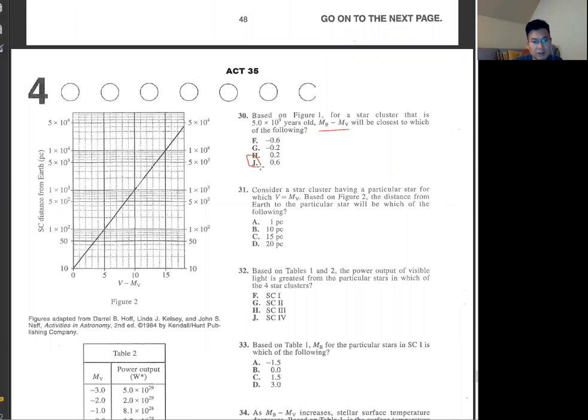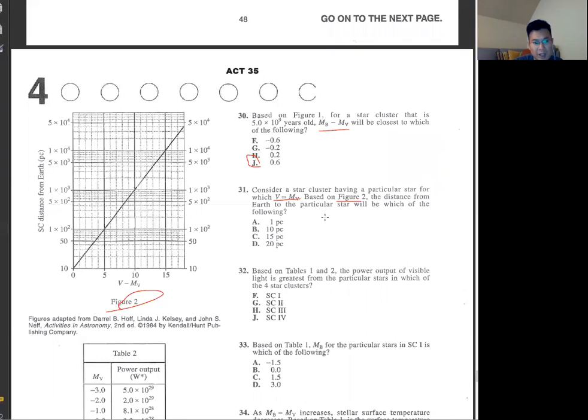And then consider a star cluster having a particular star for which V equals MV. Based on figure 2, which is on our left side here, the distance from the Earth to the particular star will be which of the following?